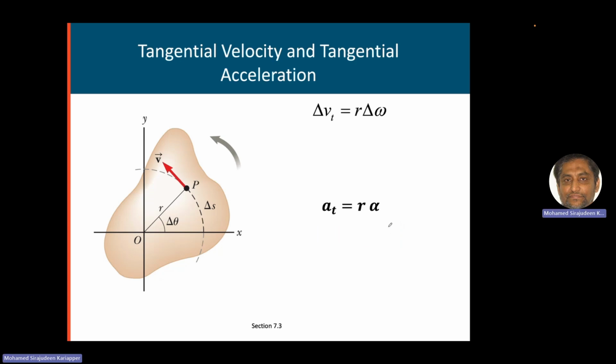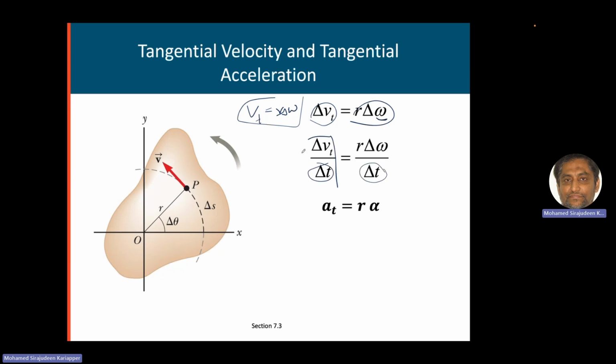Now we can go to the next step. If something has an angular acceleration, then it will also have a tangential acceleration. Angular acceleration means the omega is changing. So we start with Vt is equal to r omega. Then when omega changes, delta V also will change. Now you divide both sides by delta t.